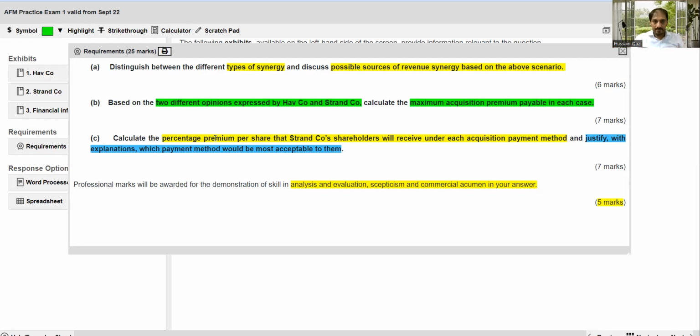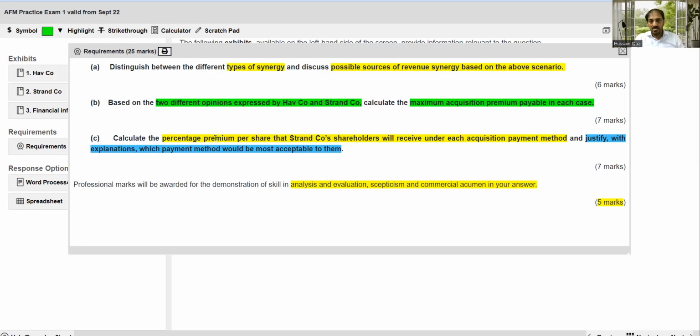And number two, explanation. Candidates, a very important thing I wanted to discuss: whenever you are attempting a question on acquisition or merger, you have to develop your mindset by reading the question. Is this question with respect to the acquirer, the acquiree, or both? The C part specifically belongs to the mode of consideration.